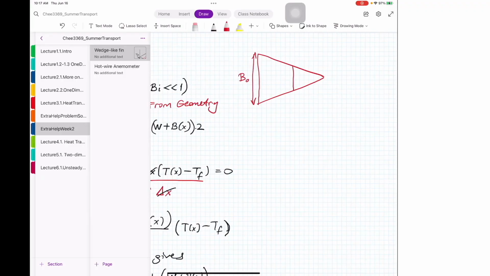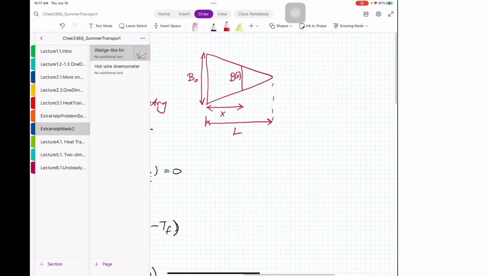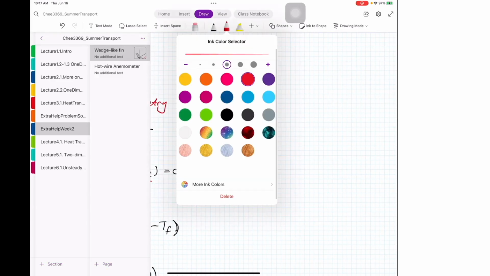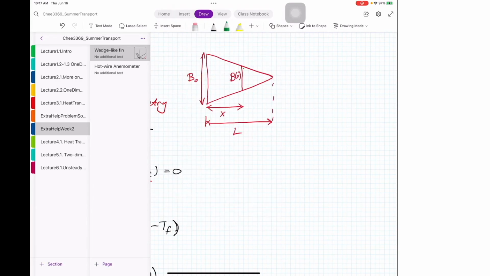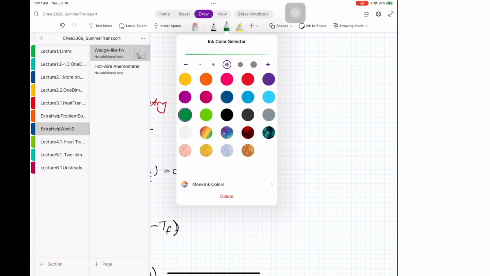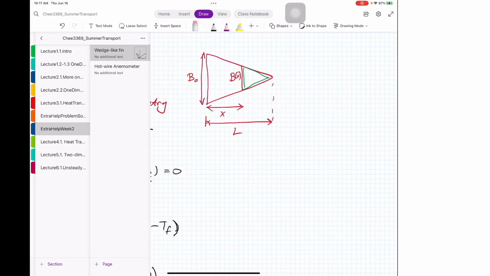And you have this b at any x. And imagine that this much is x, correct? And this much is L. From the similarity of triangles, the green triangle is similar to the purple triangle.